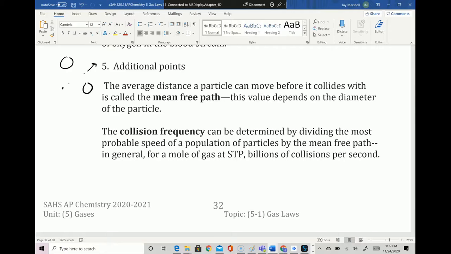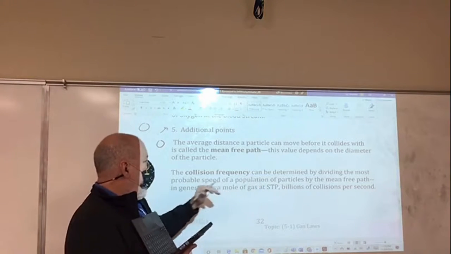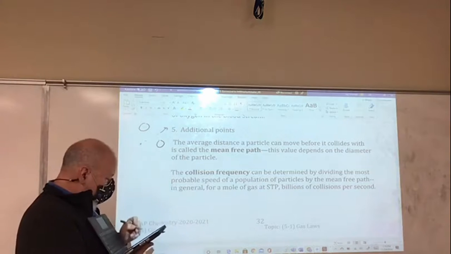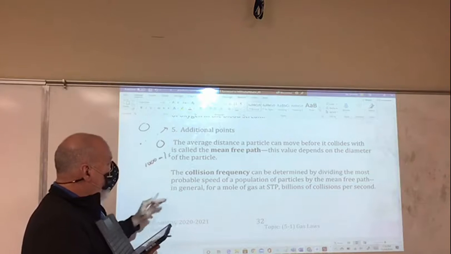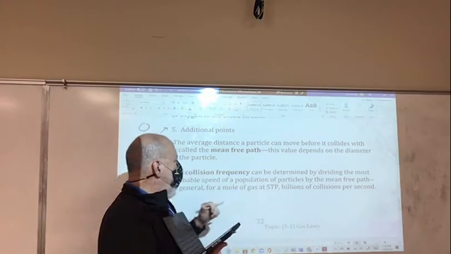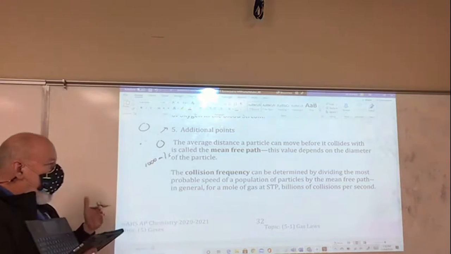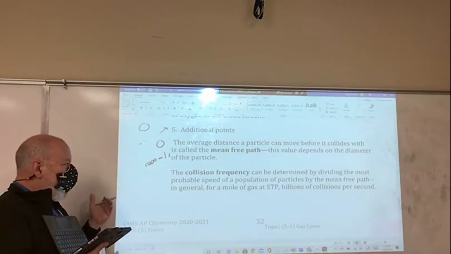The collision frequency can then be determined by dividing the most probable speed of a population by the mean free path. In other words, I can divide whatever that speed is, let's say it's 1,000 meters per second, by the mean free path, how far it goes before it collides with something.